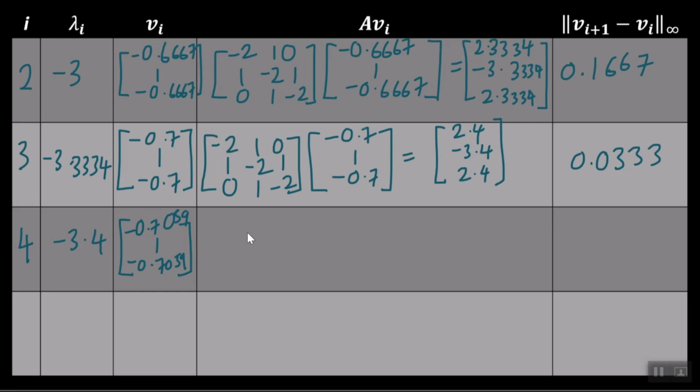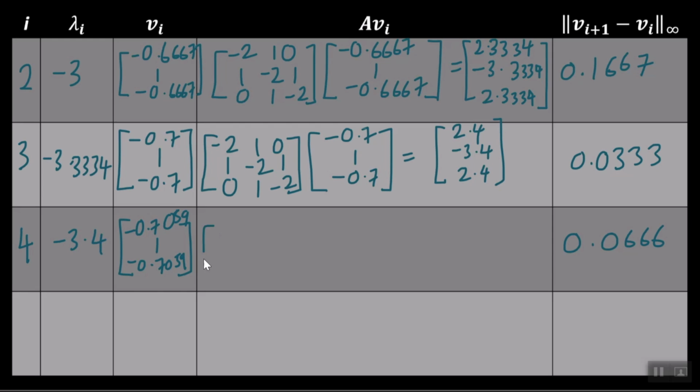And our new error is the absolute value of this entry minus this entry, which gives us 0.0666, which is not less than our stopping criteria.